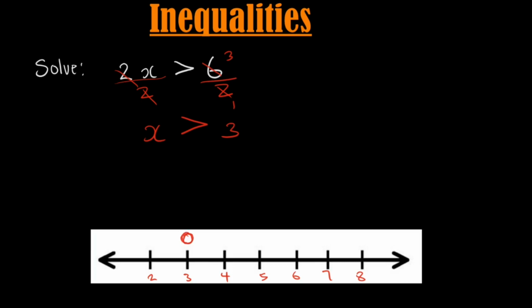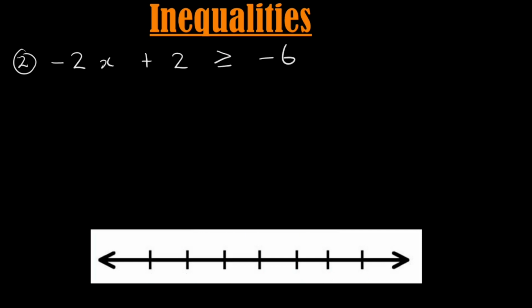So we know that the variable, whatever the x is, is more than 3. Therefore, we know that our answer would lie to the right of the 3. So 3 is not included, but x can be 3.5, it can be 4, it can be 10, it can be a million, it can be any number going to positive infinity.